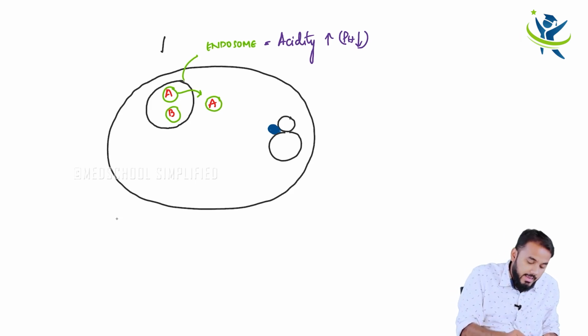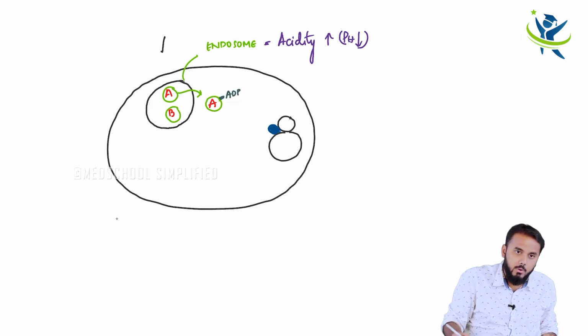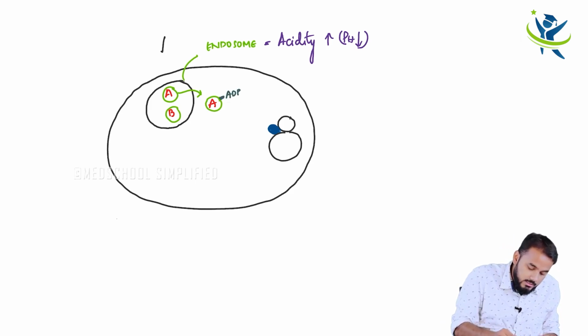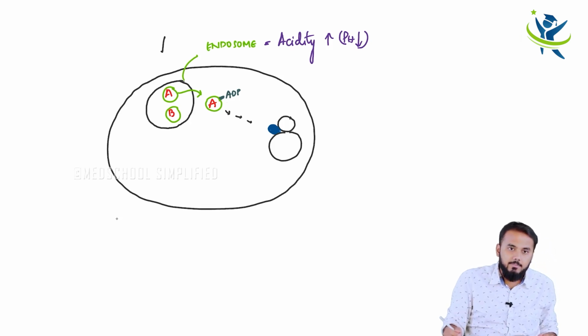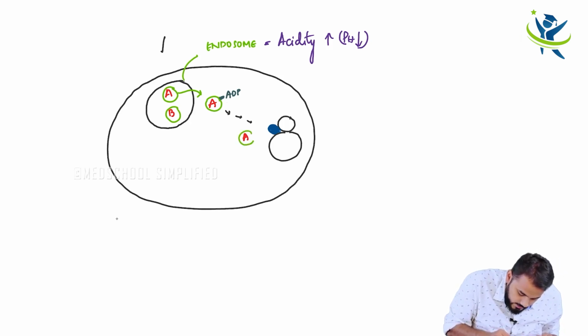And keep in mind, the A subunit is all the time attached with a molecule called ADP. So now all these things slowly come like this and attach there. How are they going to attach? Look now. This was your A subunit, this is a small vesicle outside, and this is your ADP.